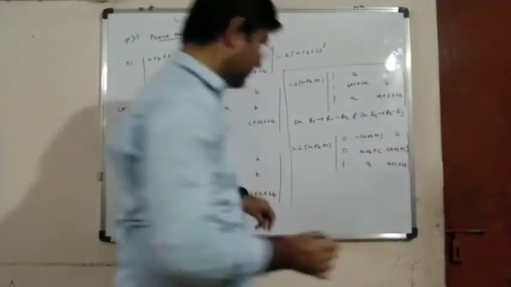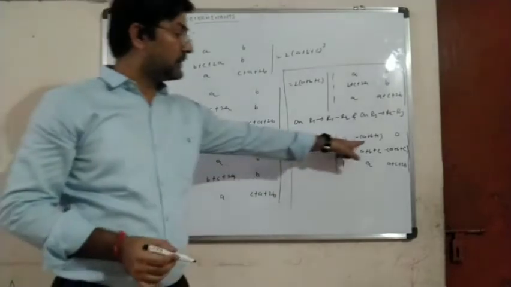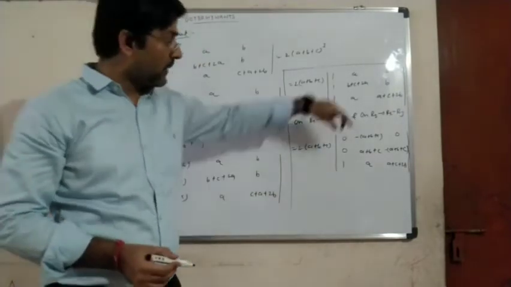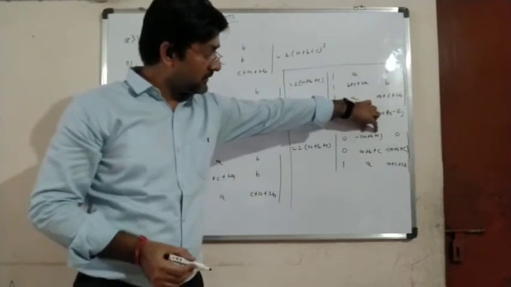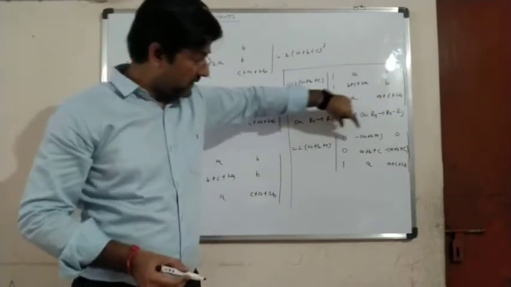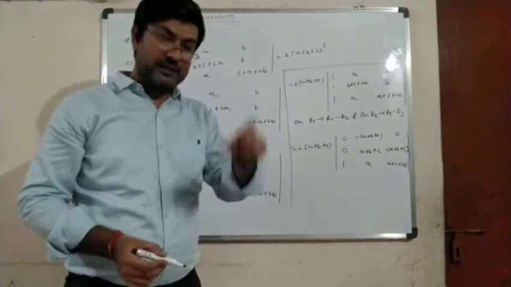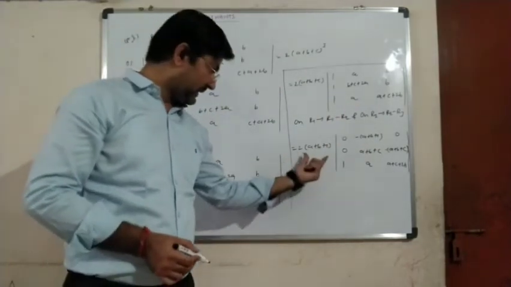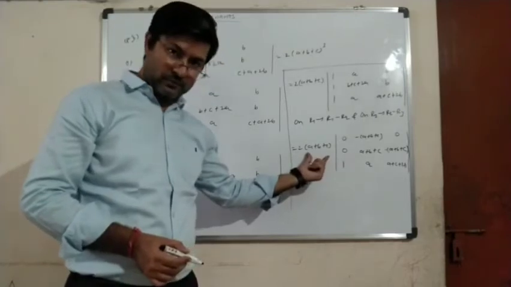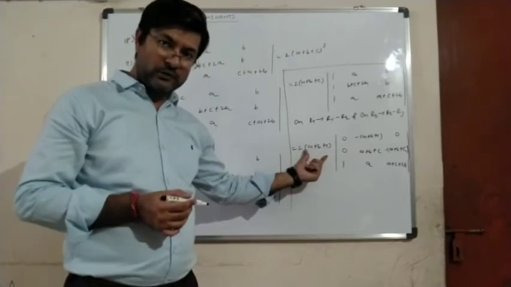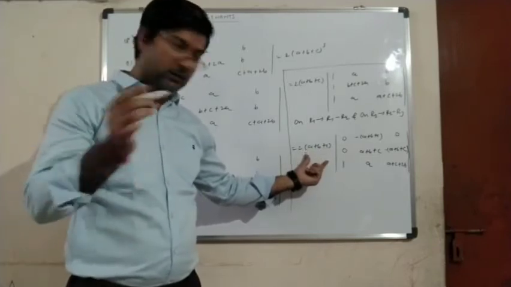Clear? Okay, now notice that from the second row and the third row we can take the bracket a plus b plus c common. So a plus b plus c from the first row and a plus b plus c from the second row. So a plus b plus c the whole square, and we already have a plus b plus c bracket outside. So a plus b plus c into a plus b plus c the whole square will be equal to a plus b plus c the whole cube.